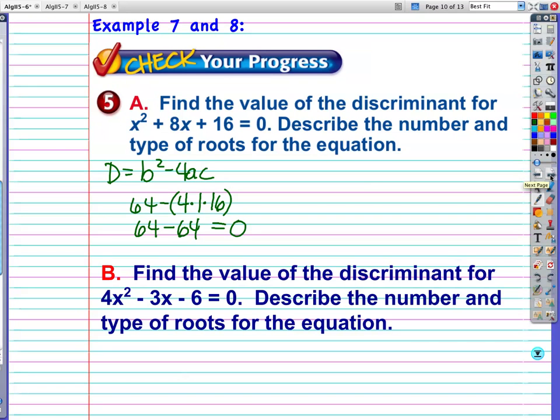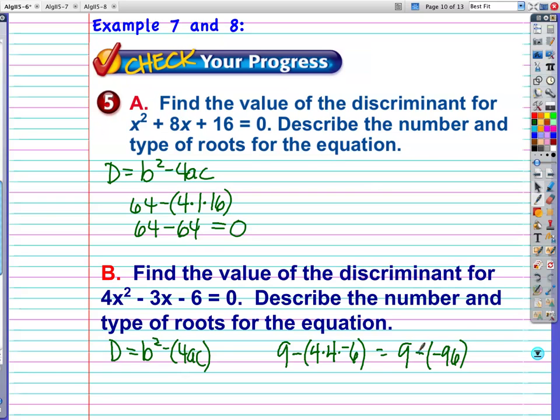Okay, if we do this again, let me write it out again, b squared minus 4ac. That might be more for me than for you. B squared would give you 9. Negative 3 times negative 3 is 9. Minus 4 times a times c. So we have 9 minus 16 times 6, which is 96. So this actually ends up being negative 96.